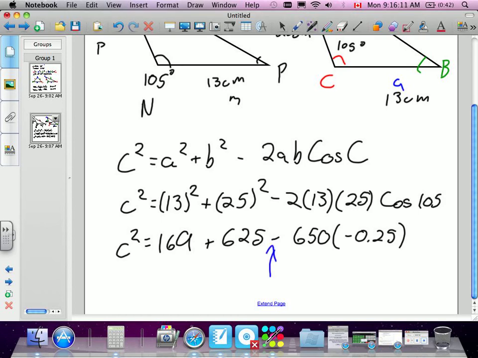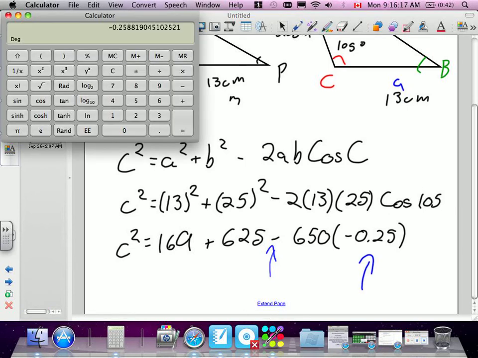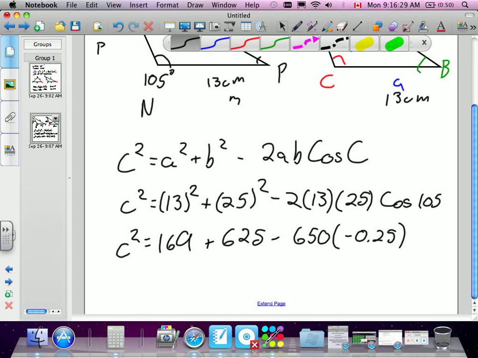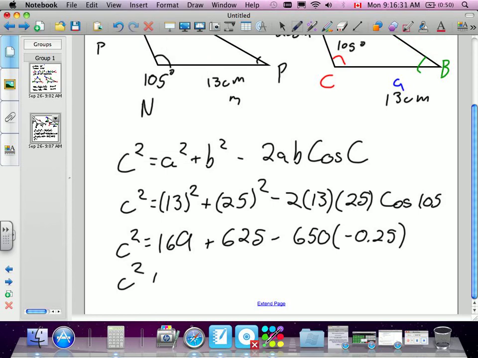So, according to BEDMAS, the next thing I'm going to deal with is our negative 650 times negative 0.25. So, I take negative 0.25 times negative 650. We get positive 162.5.